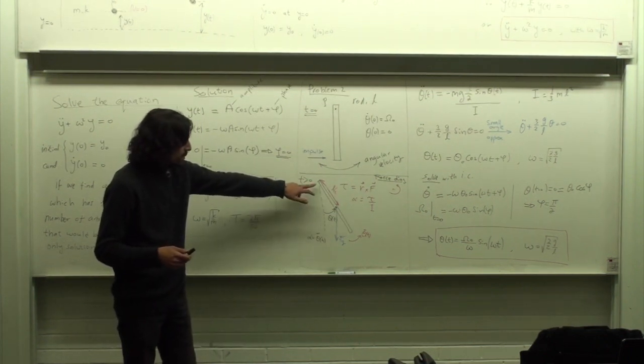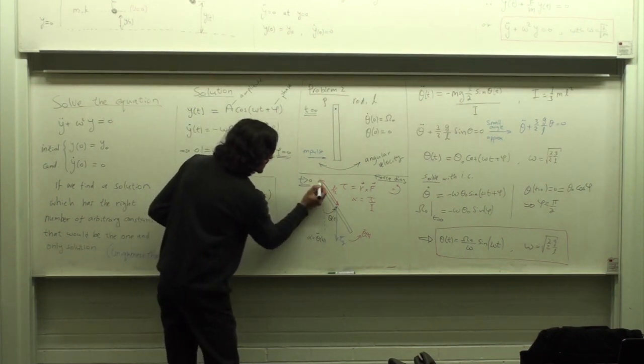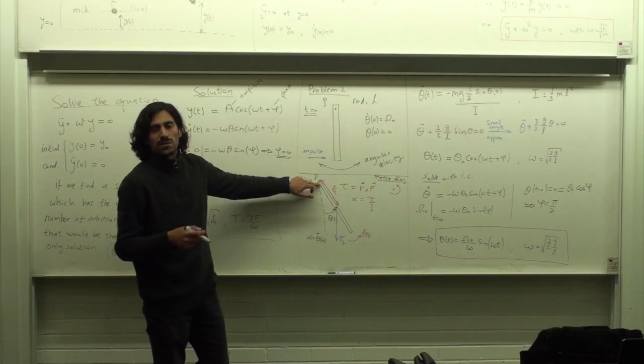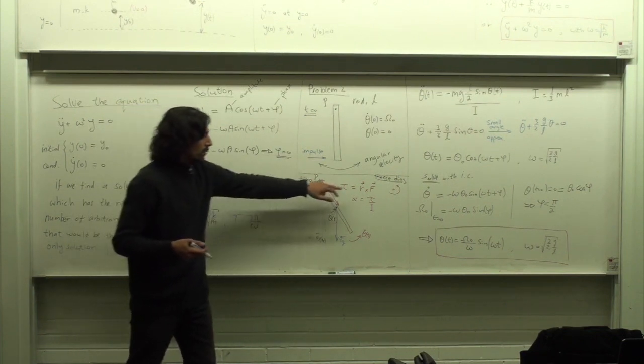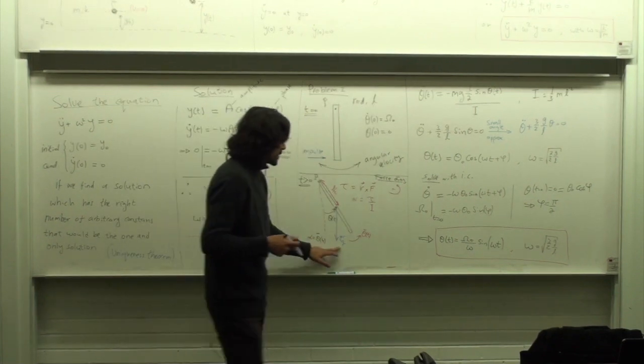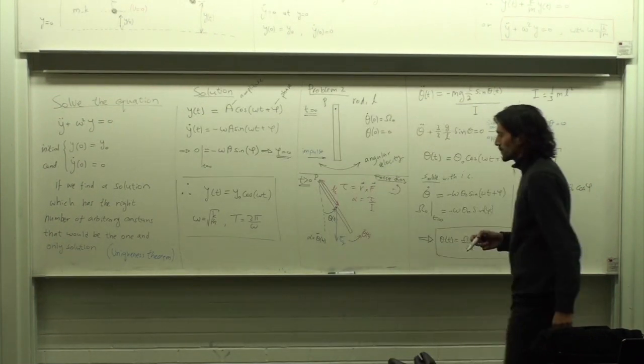Normally we take it about a point like point P here, and then r would be 0 there, so we don't need to take care of the torque at that point. And then we'll have only one torque element, which is coming from the gravitational force here.